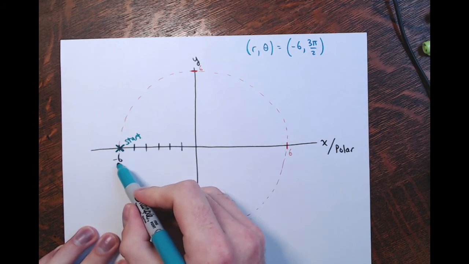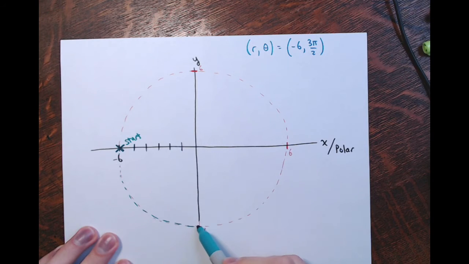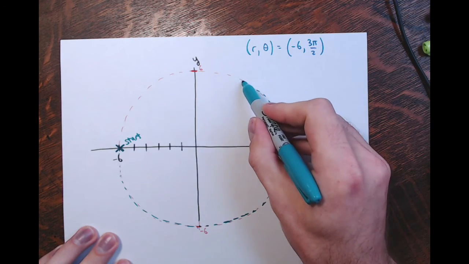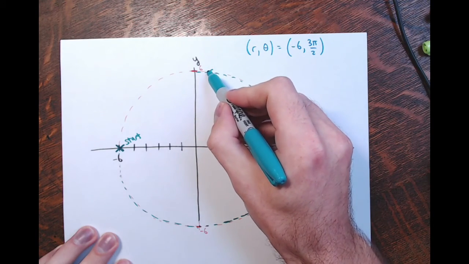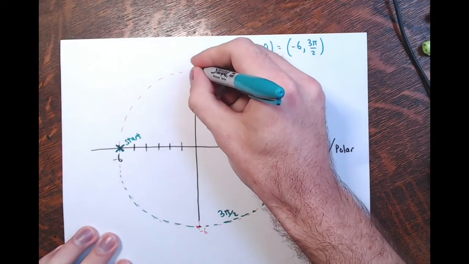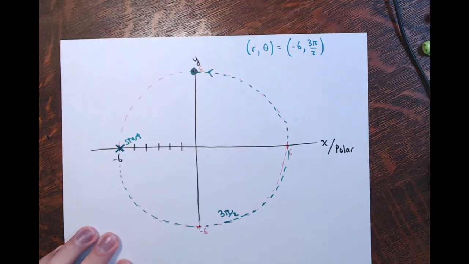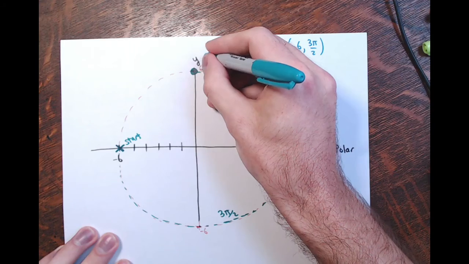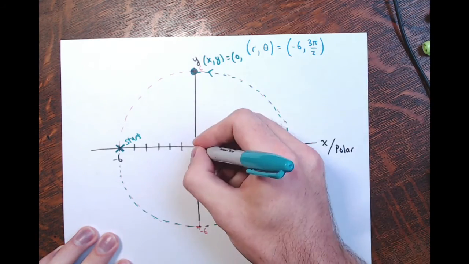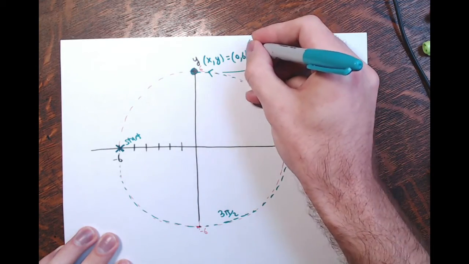So going around the circle from here, there's positive 90 degrees, positive pi over 2, and then 180 or pi, and then 3 pi over 2. I just went around the circle positive 3 pi over 2 radians, and I landed here, basically on the vertical axis. Can you see it's obvious that the x coordinate is 0 and the y coordinate is 6, and that's the answer.